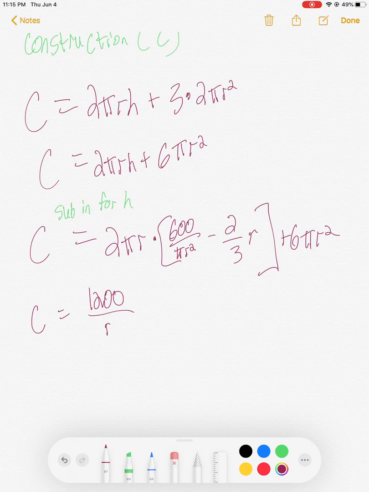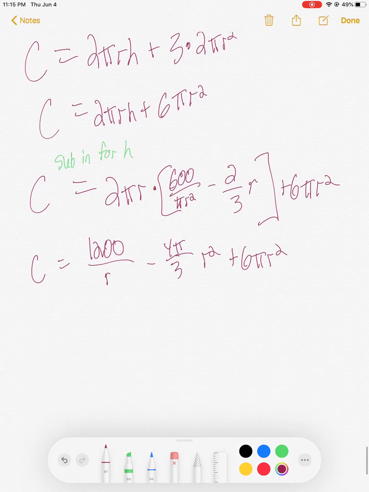Let's go ahead and simplify this. I've got a pi r canceling in the first part, so that's 2 times 6,000, which is 12,000 over r, and then minus 4 pi over 3 r squared, plus 6 pi r squared.